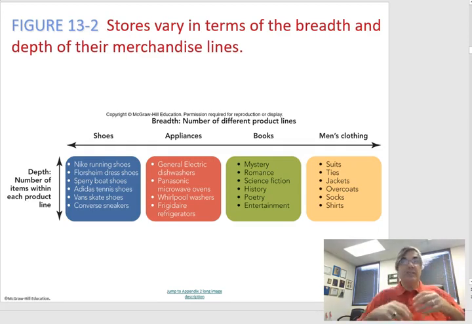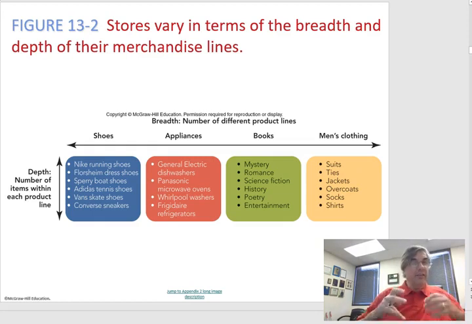So for example, let's say we have a very narrow focus and not a lot of options. That's a small, local jewelry store. They're not going to have a lot of options. They're just going to have a few little things, and you go in, you might find a treasure.